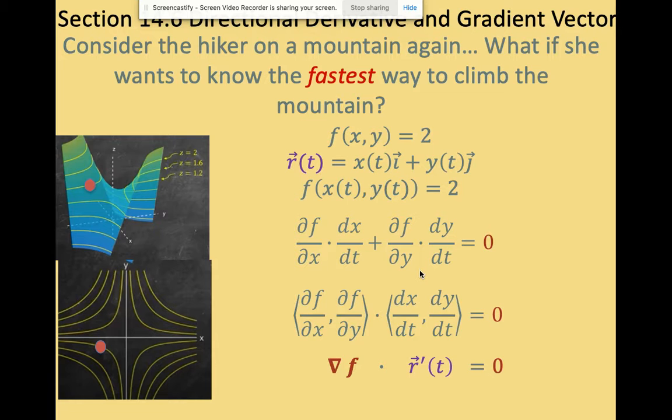It means you're the most parallel. If you're staying along your curve, your rate of change isn't going to go anywhere. But your gradient vector will say, if you want the fastest way to climb the mountain, go straight up, no matter where you are, no matter where your dot is.